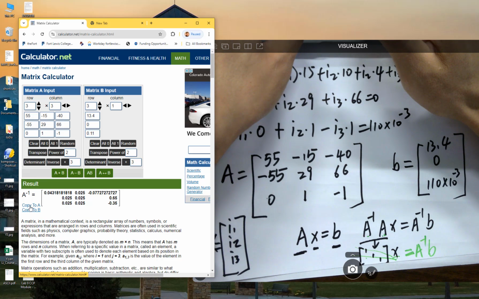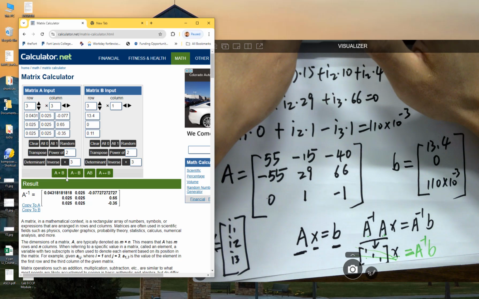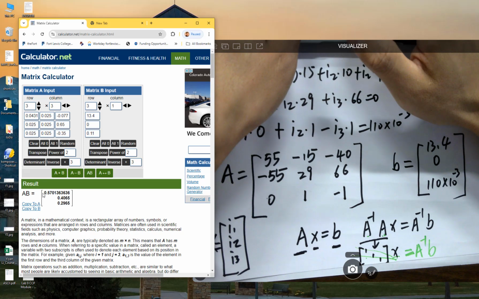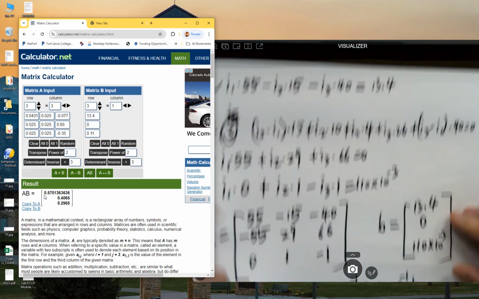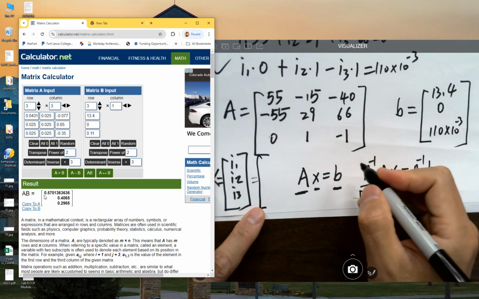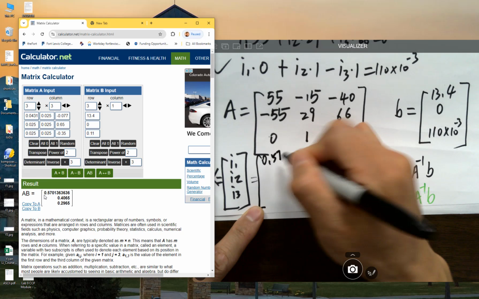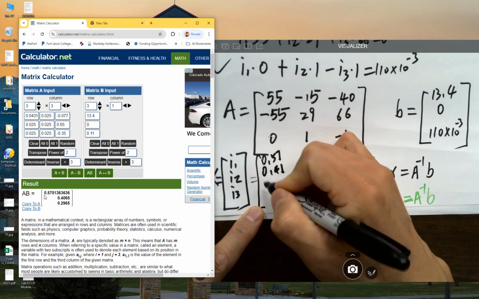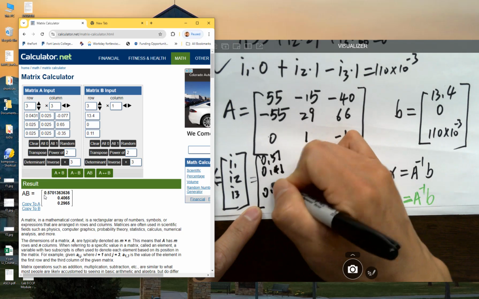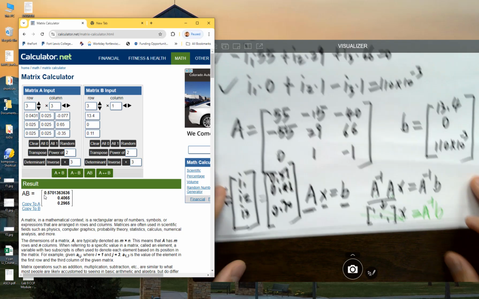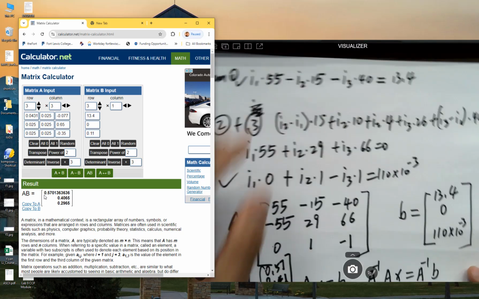Copy to A. Here's the inverse matrix. Then let's do A inverse times B. These are all the currents. So this equals 0.57, 0.41, 0.30, I think. Okay.